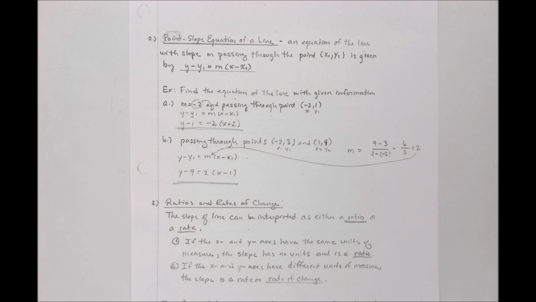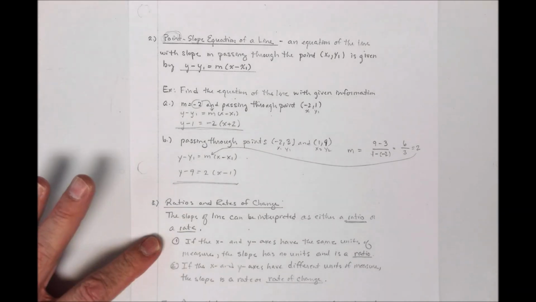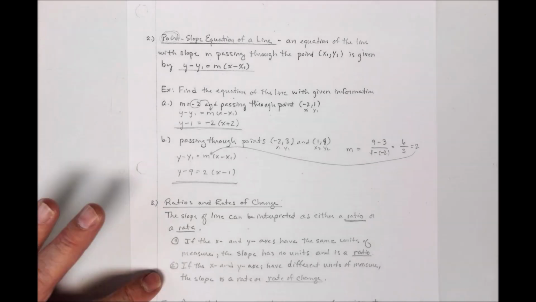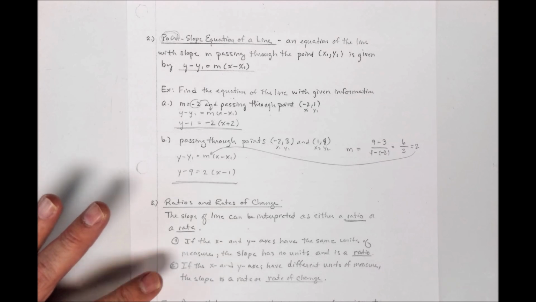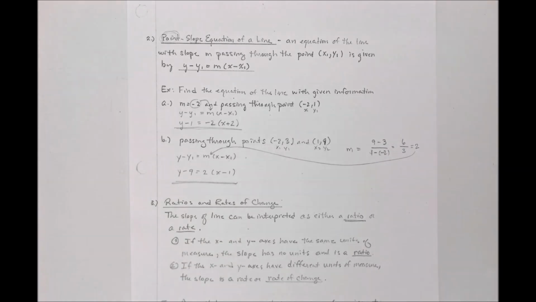Well, first, if the x and the y axes have the same units of measure, slope is a ratio. It does not have any units. However, if the x and the y axis have different units of measure, maybe one is distance, one is time, then the slope is a rate or a rate of change. And you will see rate of change, oh yes, on the AP test. So this is something you're going to want to remember.